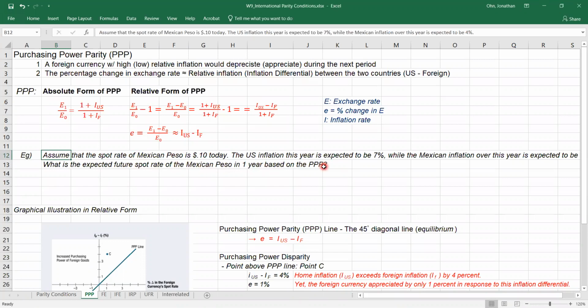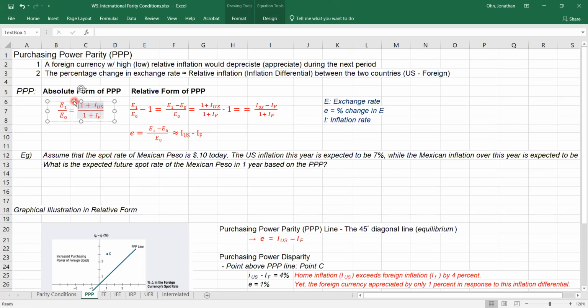To solve this question, you can use either the absolute form or the relative form. Let me show you both. Let me borrow this copy and paste here.